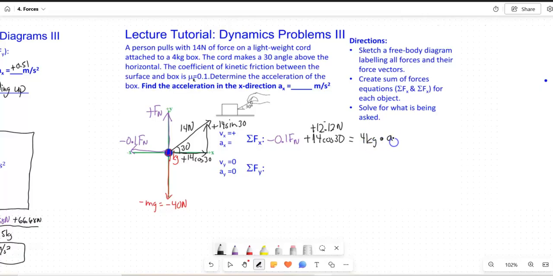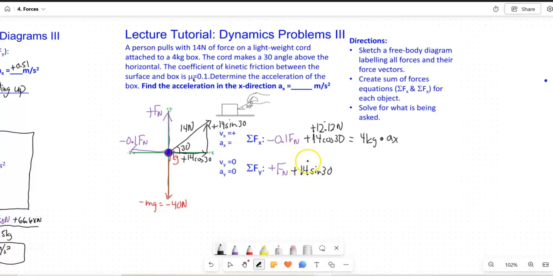times an acceleration that we don't know the direction of. It's probably going to be to the right, but I don't know. Let's do the y direction next. It looks like we have a normal force pointing up, and it looks like we have a 14 sine of 30 degrees.